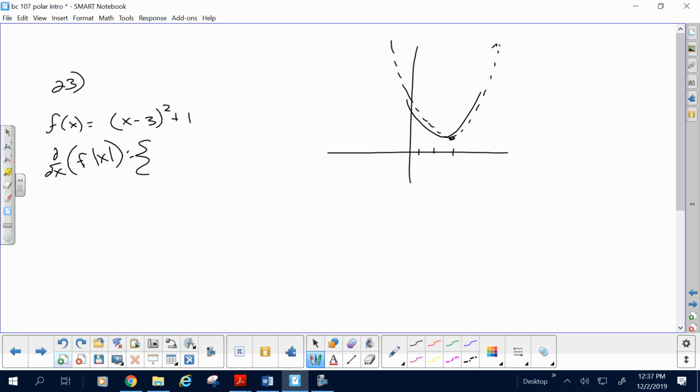Now, this is not a huge deal, it's just kind of a once in a while gotcha question about absolute value. But absolute value on the x does not do that flipping thing that you're used to. It's not on f, it's on x. So thinking about this from the biggest perspective, the big ideas of absolute value are positives are unaffected, negatives are affected. In this case, it's on the x. So what happens to the positive x's? That part will be unchanged, it'll look just like that.